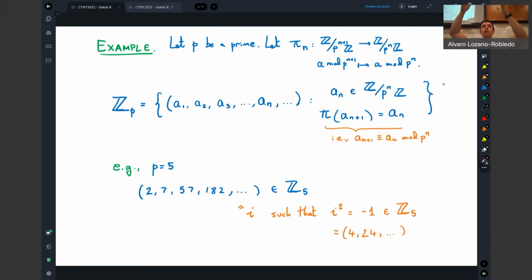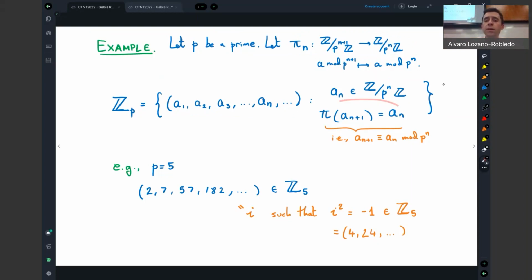So you want this group, Z mod p, and then Z mod p squared on top, and so on, and just groups with maps down. Those are those projections that map from one down to some other one. And then what you want is sequences of congruence classes, but not all the congruence classes. You want them to be coherent.